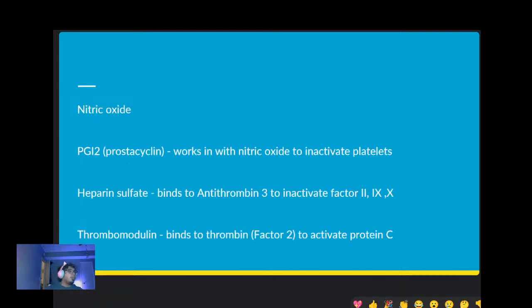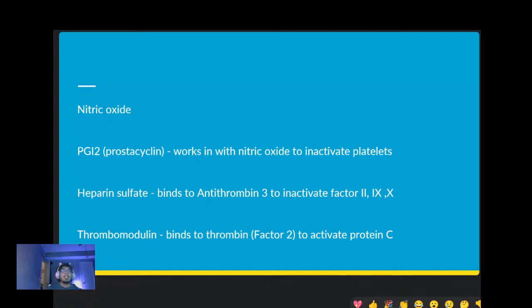Now, in order for blood to stop from clotting, there are four substances. Don't forget prostacyclin, nitric oxide, heparin sulfate, and thrombomodulin. Okay? These are the four substances that you as students of mine will remember. You have to remember these things because these are questions that are now being asked in the board exam.